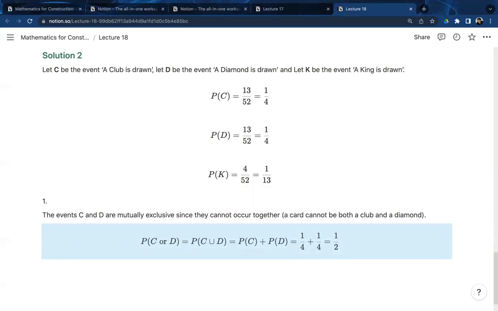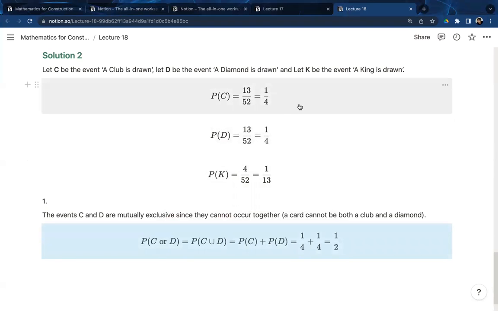Again, you remember I said, think about it in terms of numbers. What is the possibility space when you say a club or a diamond? That's 26 cards. The possibility space is 26 out of 52. That's another way to do it, right? But if you had to do it based on these probabilities that we found here, without thinking too much, just understand that C and D are mutually exclusive, so you just add these two probabilities together.